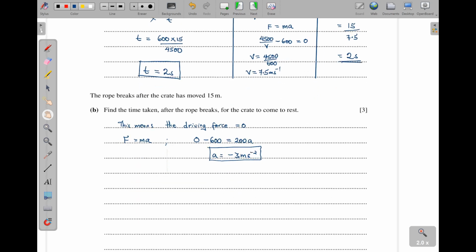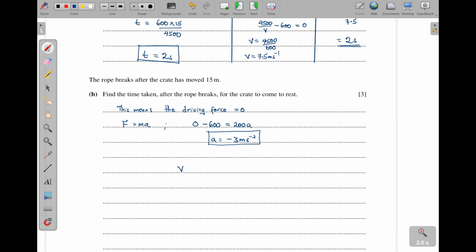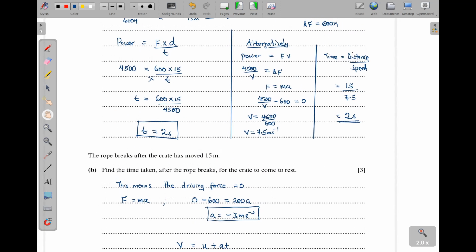Now, after that, we can use V is equal to U plus AT. The final speed is 0 because it is coming to rest, and the initial speed is going to be 7.5. If you never used the alternative method, you have to calculate and find the V, which is 7.5.